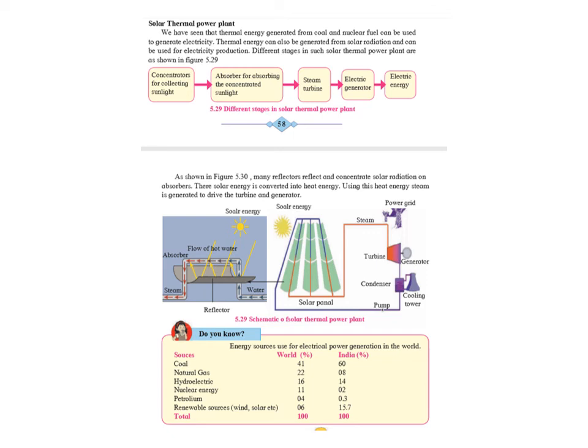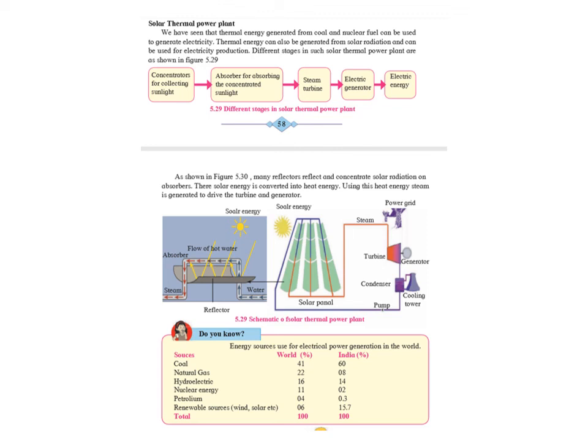The solar panel consists of many reflectors that reflect and concentrate the solar radiation on the absorbers. This is very important because we know solar energy is scattered. So we use a reflector which concentrates the solar energy, thus converting the solar energy into heat energy.